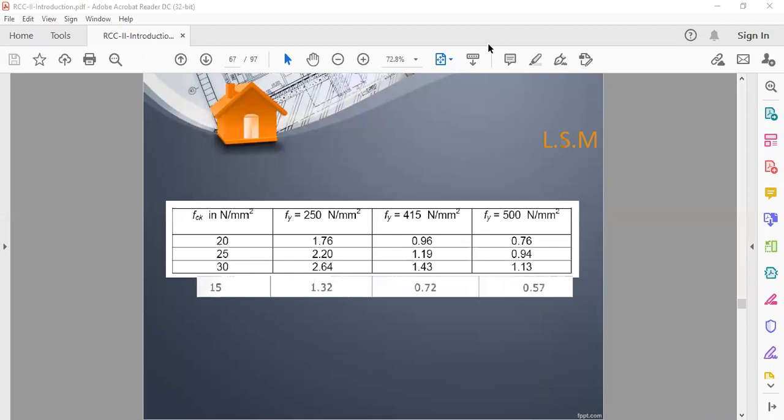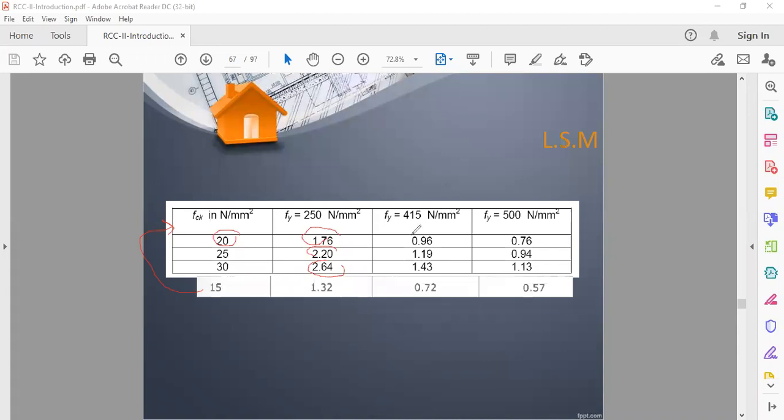So we can use the same formula. Suppose this is M20 grade of concrete, we got 1.76 as percentage of steel for 250 Newton per mm square, that is the mild steel. Then it goes on increasing, 2.2 and then 2.6. This is M15, at this position.